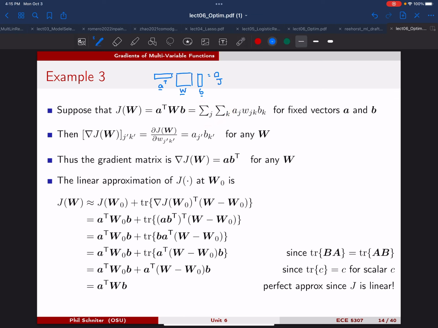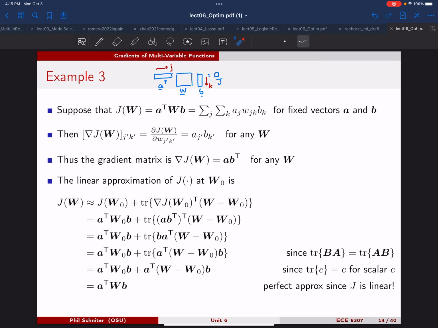So here j is indexing across A, and k is indexing down the B vector. And of course, that means that j is indexing down the rows of W and k is indexing across the columns of W. And so this is what we get in terms of the summations of our cost J. Is everybody good with that?